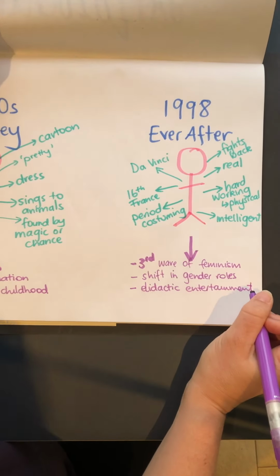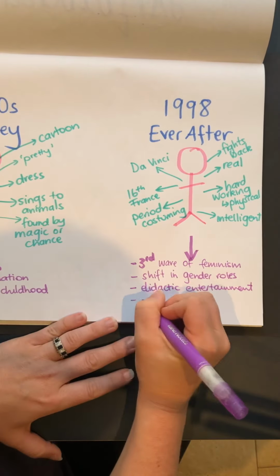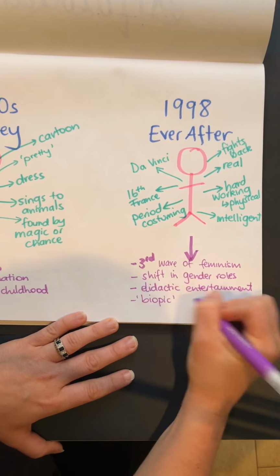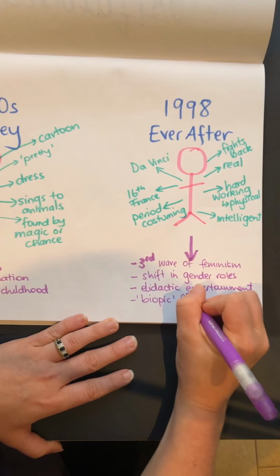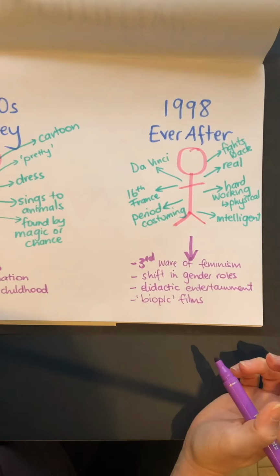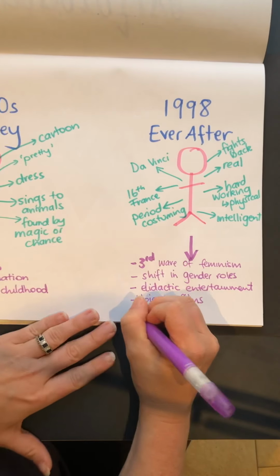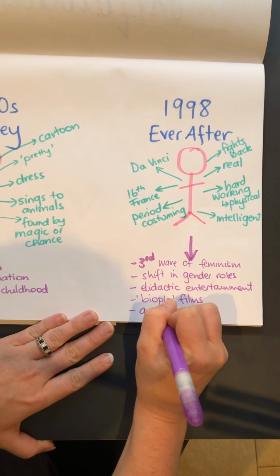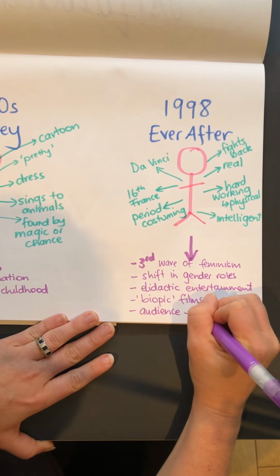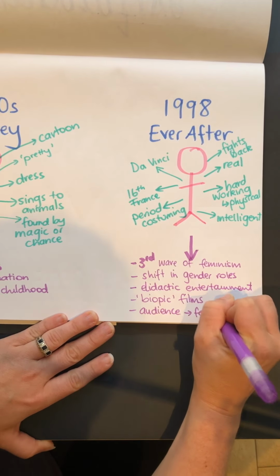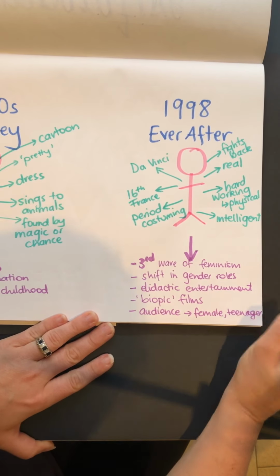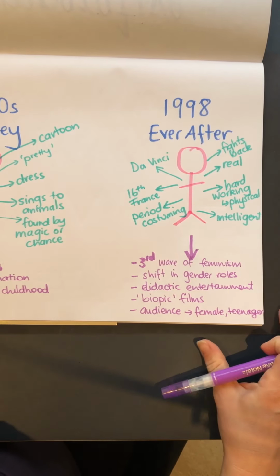Okay. We also have this rise of these biopic type films. Now, while this is not a biopic as such, because it's not a real person, we do have the style of that, so we're adding a certain realism to the situation. And we also have a new audience. If you think about it, we have the rise of the female teenager, they have their own money now, they have their own films to be marketed to.